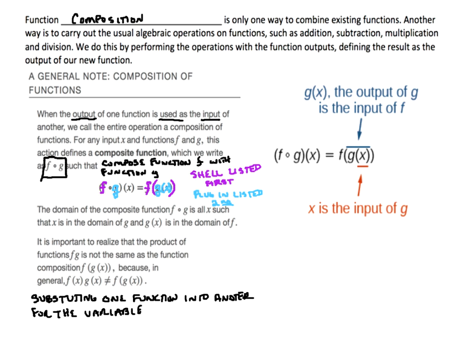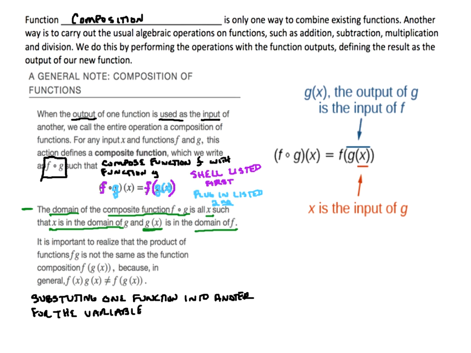And then an important word about domain and range with composite functions. The domain of the composite function f of g is all x such that, okay, this is important, x is in the domain of g, so it's able to be input into the g function, and whatever comes out of the g function, the output has to be in the domain of f because you're plugging that into f.